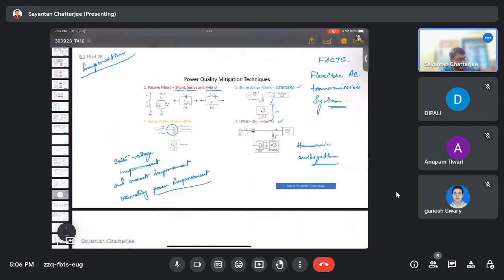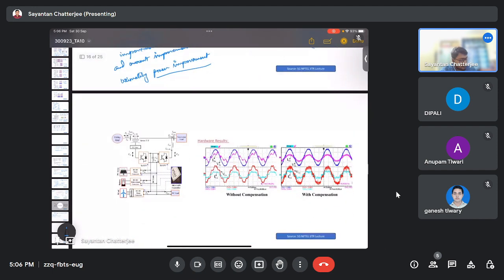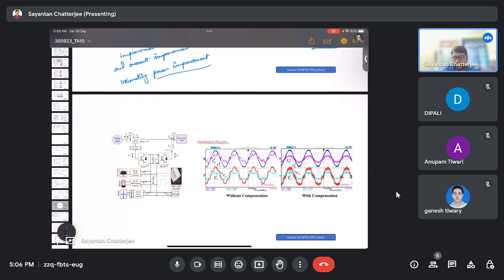So overall the system would face some operational challenges. So for that, a compensation technique is needed.